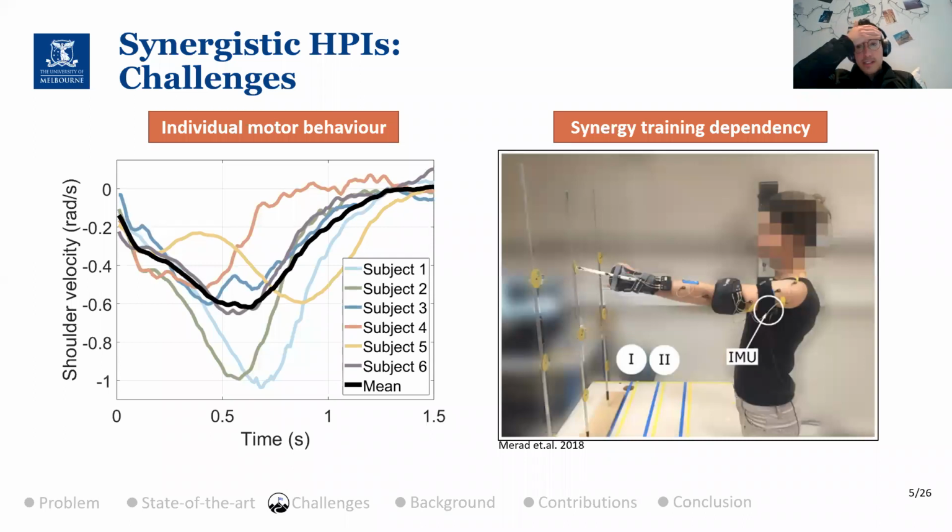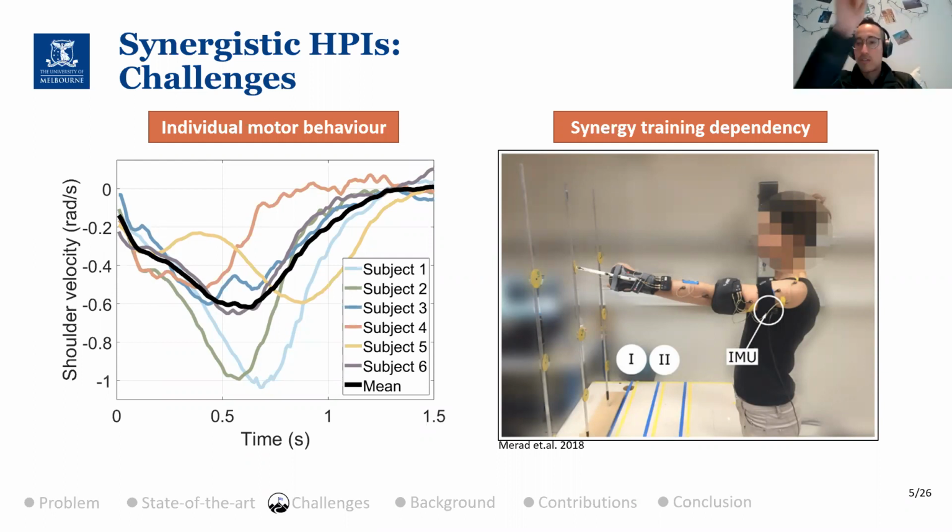And the other one is what we call synergy training dependency. When you're training the interface, in this case the synergy, the coupling between the prosthetic and the residual limb, there is obviously a dependency on the task.